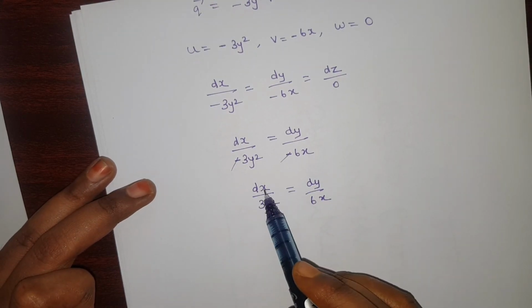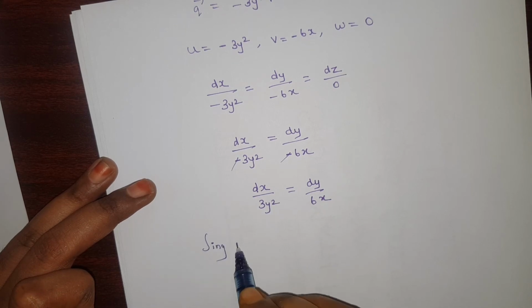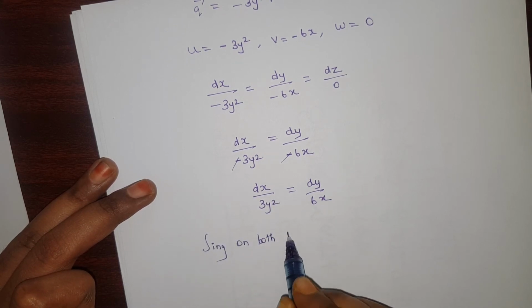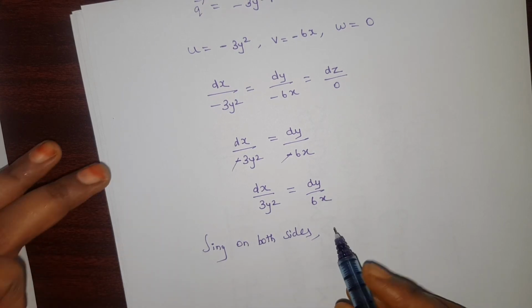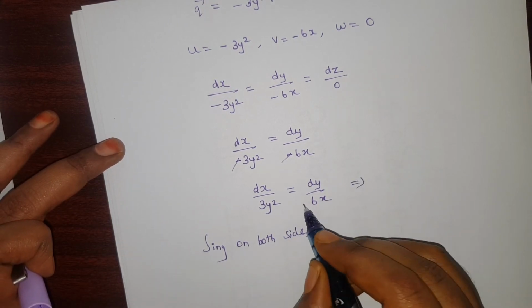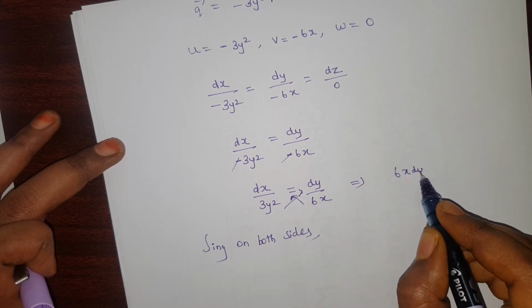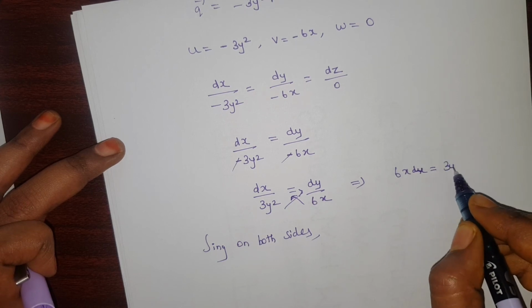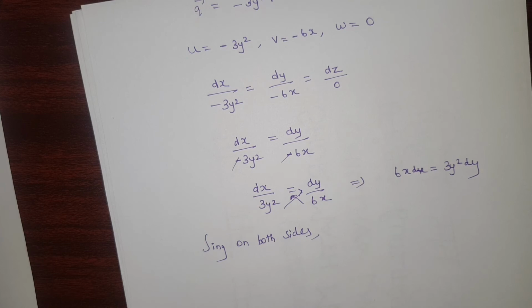Next we integrate on both sides. Before that, we need to cross multiply. That becomes 6x dx equal to 3y square dy. Next, we integrate on both sides.